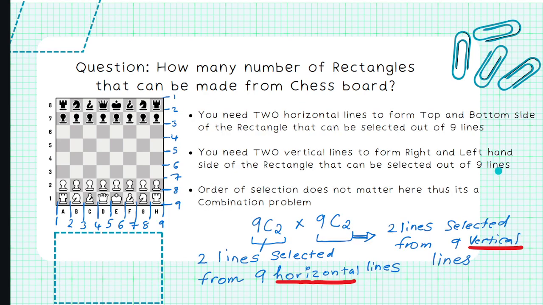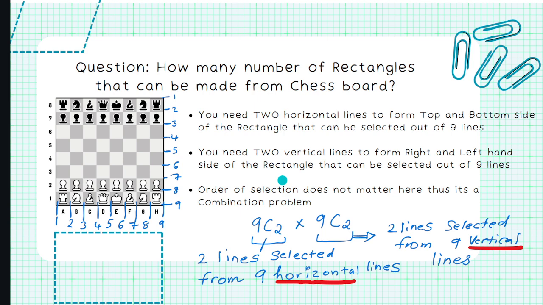You need 2 horizontal lines to form the top and bottom side, and you get that out of 9 possible lines. So that would be 9C2, because it's a combination problem, right? The 2 being the 2 horizontal lines you need, and the 9 being the number of horizontal lines you have to pick from.